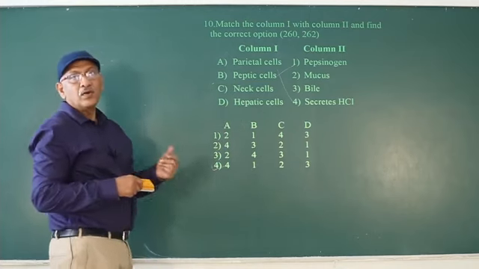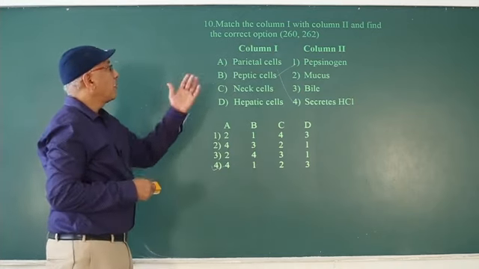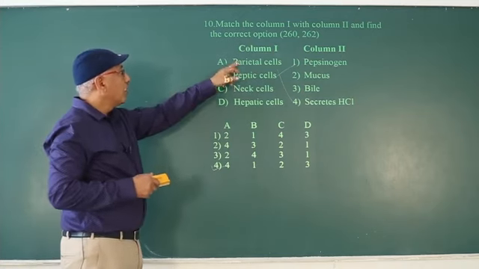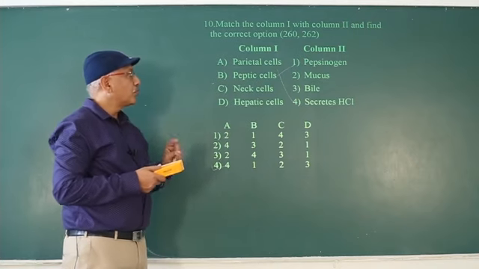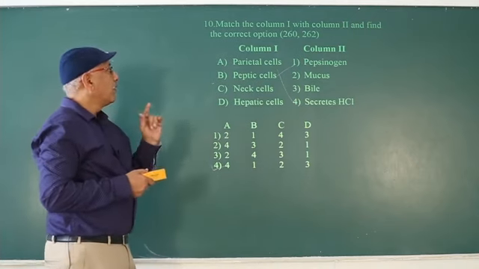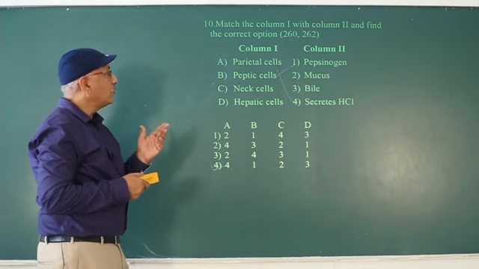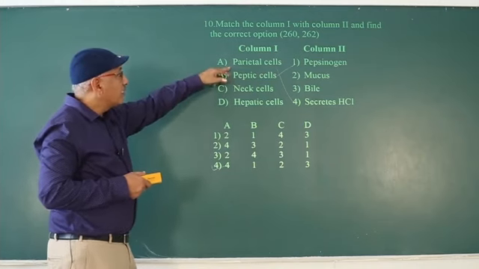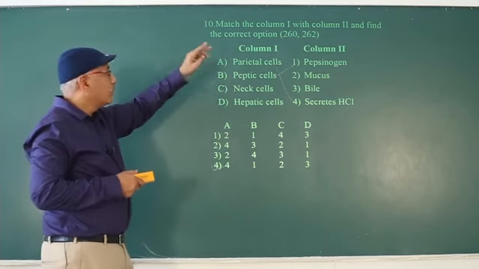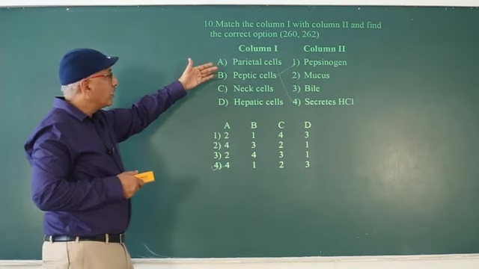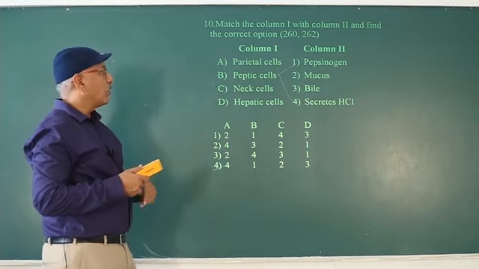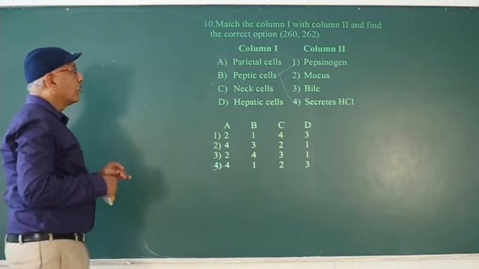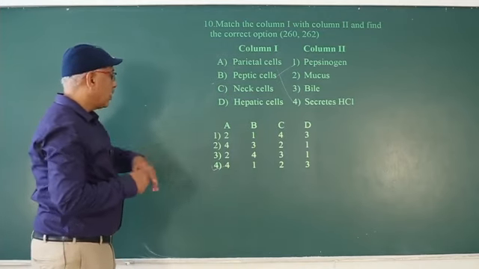So the answer is 4. Parietal cells are also known as oxyntic cells. Peptic cells, also known as chief cells, produce pepsinogen and prorenin. So the answer is 4.